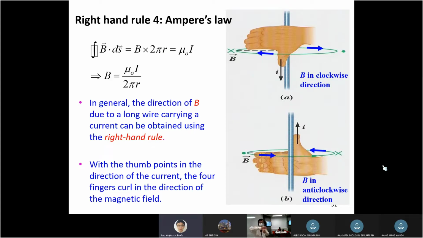If I have a line current running from the top and we view from the top, we get this clockwise magnetic field. In this case, we get this counterclockwise magnetic field if we view from the top. So this is the right-hand rule for a line current. Right-hand rule 3 and right-hand rule 4, both of them you might understand for Ampere's law and Biot-Savart law.